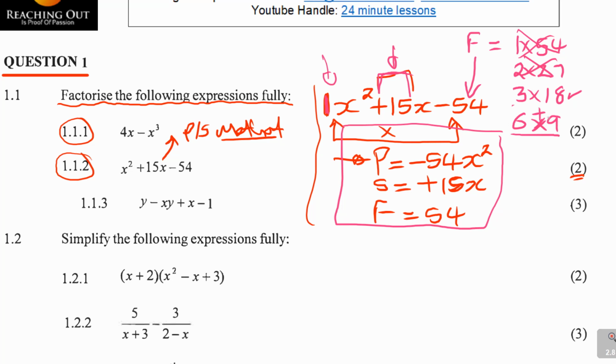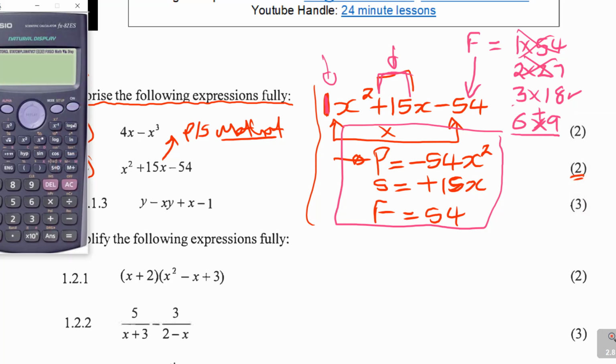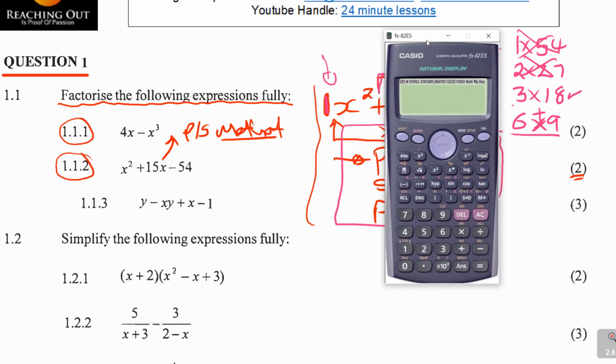Now look at this, when I multiply, I need to get a negative 54. So to get a negative 54, there is only one way of getting a negative. It's either one number is negative and the other one is positive. That's the only way of getting a negative. So if I take my calculator, suppose I wanted to take this factor, the 6 and 9.